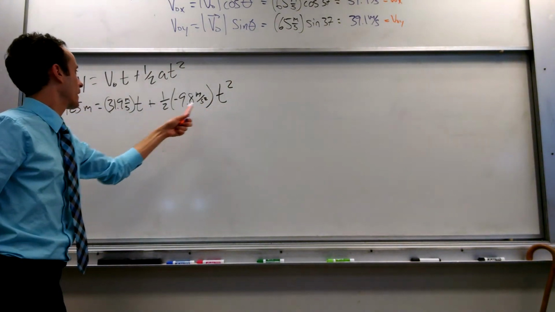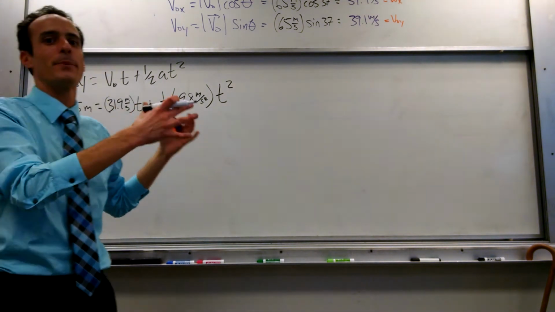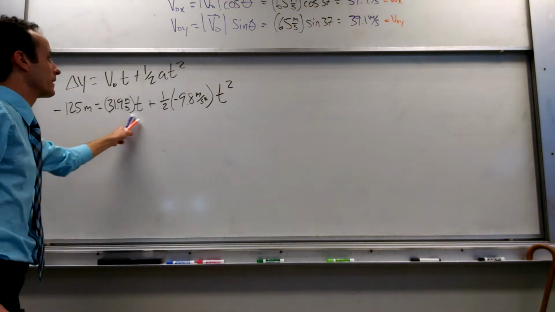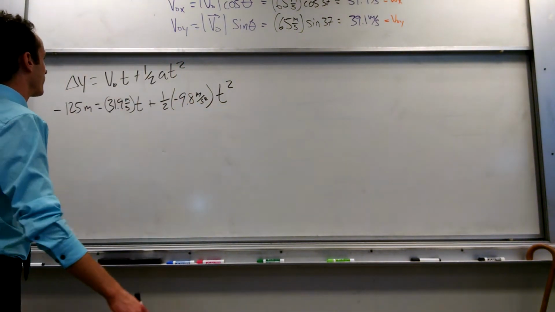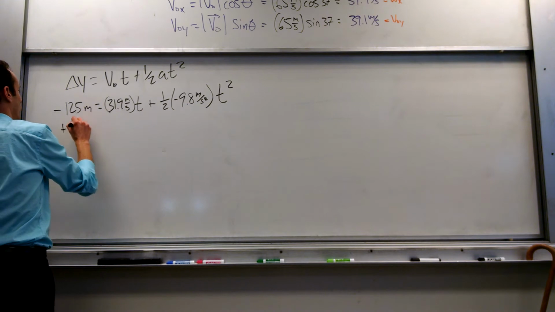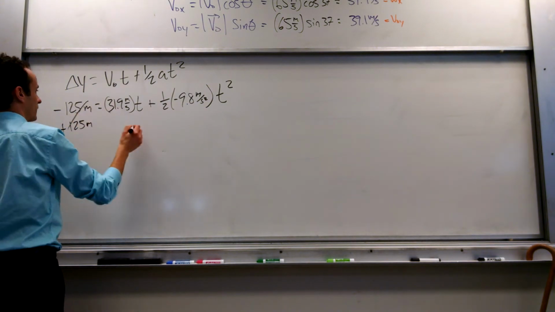So I have a t squared and a t. I can't really combine any of these yet, but I basically realized that I have a quadratic. So I'm going to set one side equal to 0. I'm going to add 125 meters here, and that's going to go away here.